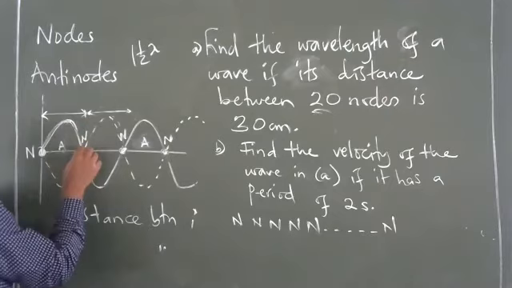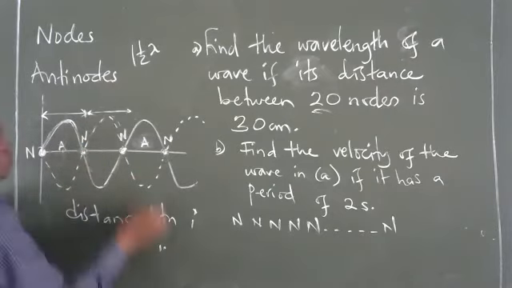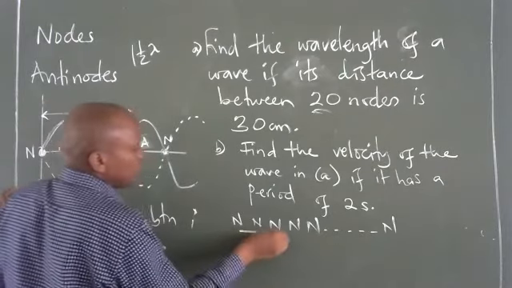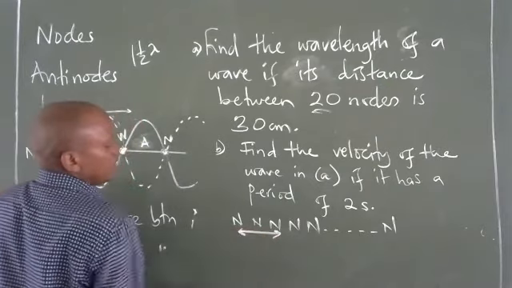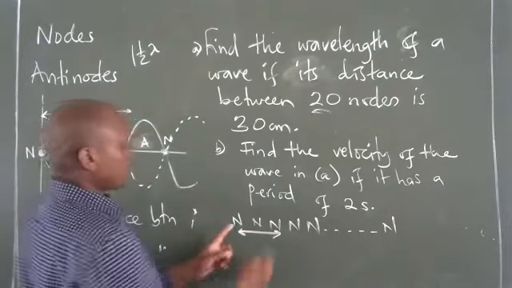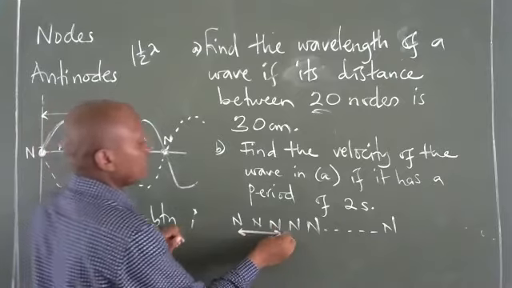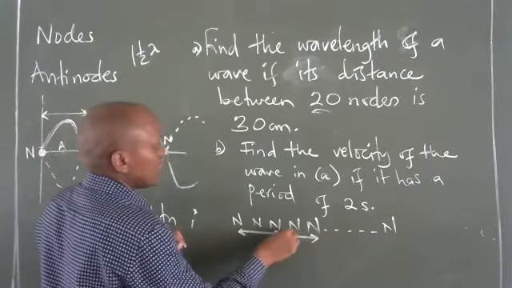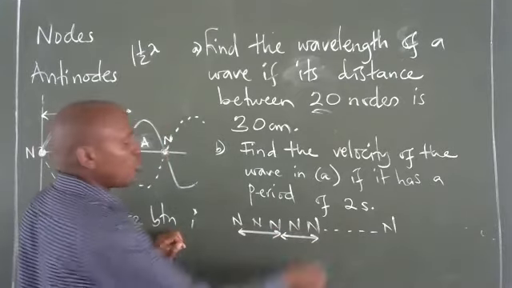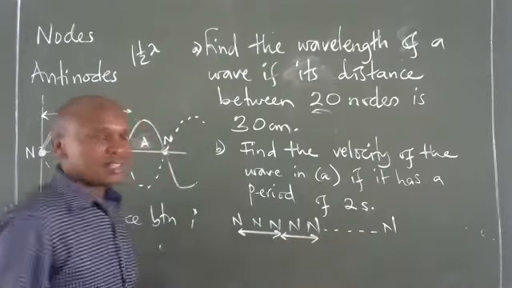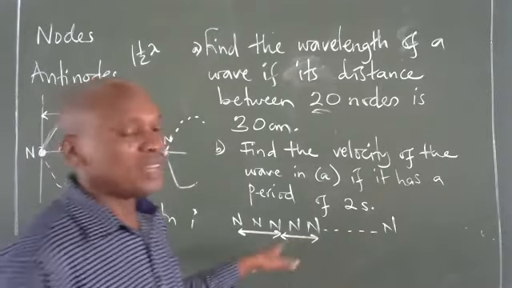From here up to here, this is 1 wavelength. Between the 3 and another one is here, that's the second wavelength. So you go on doing that up to the 20th. Then you see how many wavelengths you have.